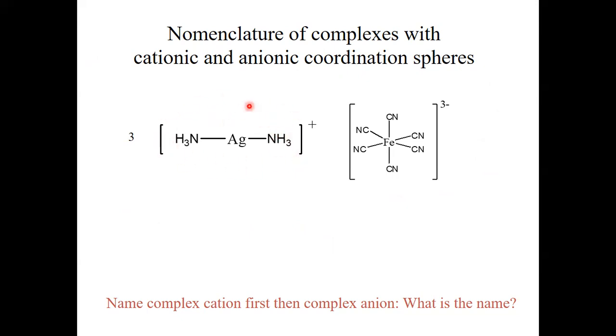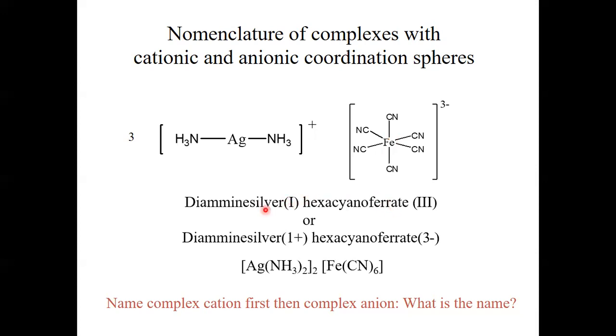So this is a diamine silver 1. Then we name the anion, which we also encountered previously already, which is hexacyanoferrate 3. So it's diamine silver 1 hexacyanoferrate 3, or we could also call it diamine silver 1+ hexacyanoferrate 3-.